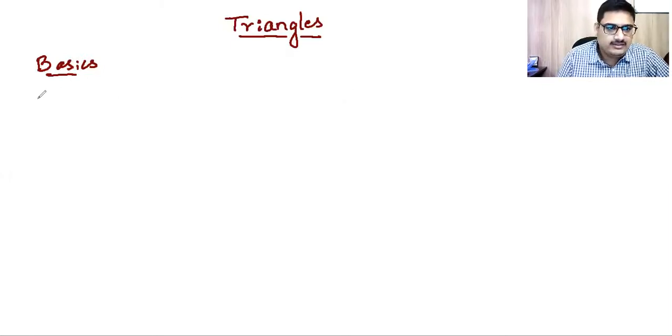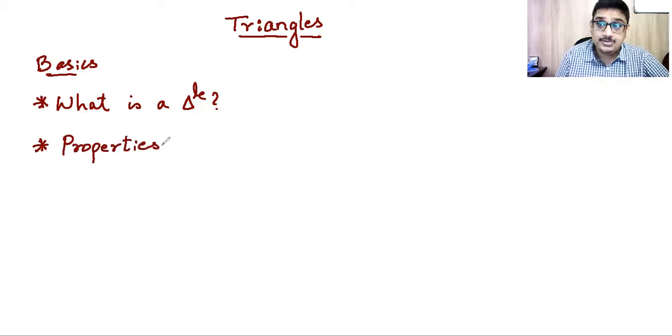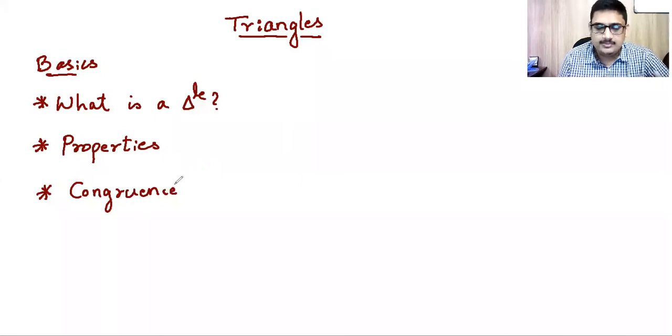Under congruency of triangles, you have studied certain rules. First, let us study what is a triangle. Then let us study some of the properties of triangle, which are extremely important, and different types of triangles such as right angled triangle, isosceles triangle, etc. Then let us study the congruency rules we have so far studied.